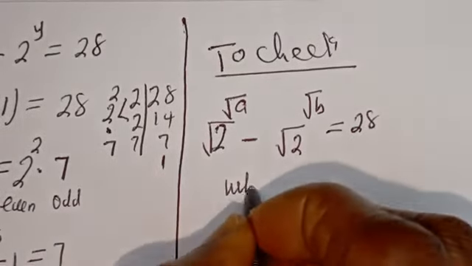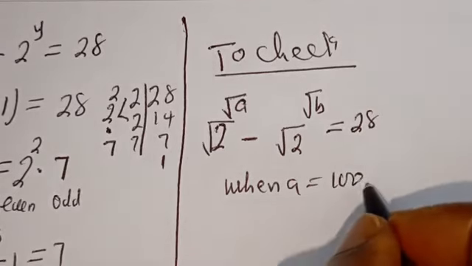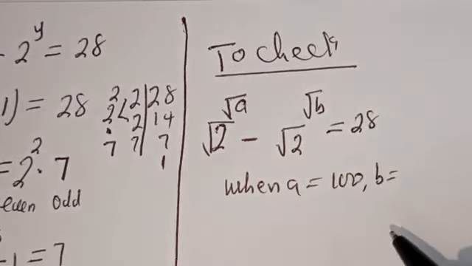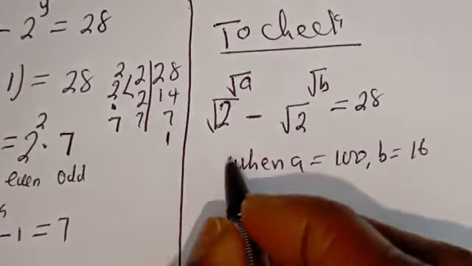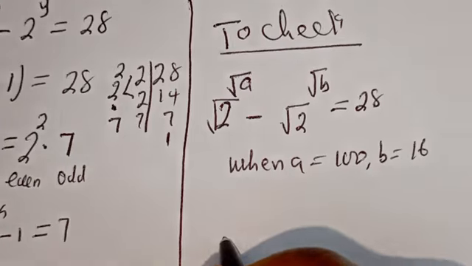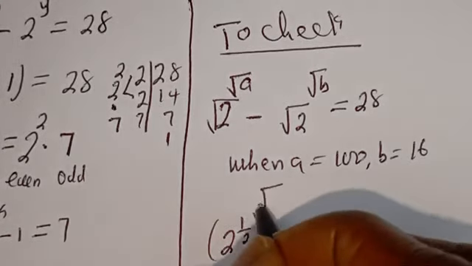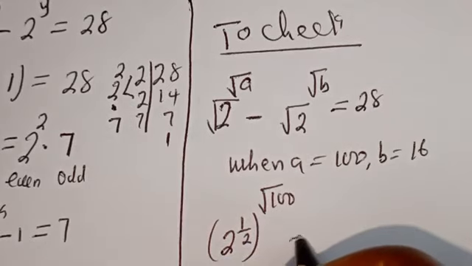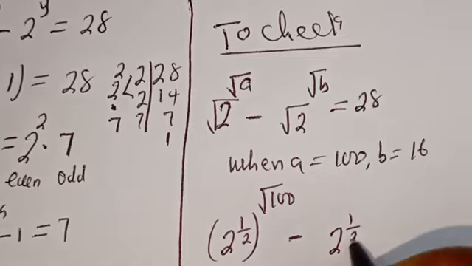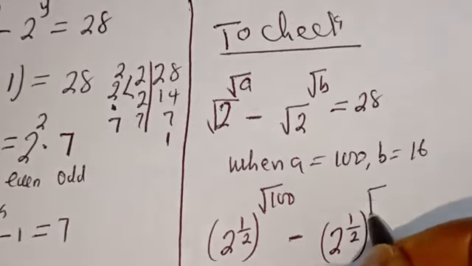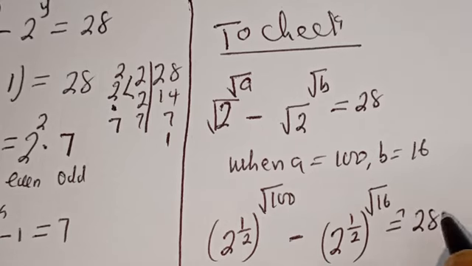When a equal to 100 and b equal to 16, then we have square root of 2 can be written as 2 to the power of 1 divided by 2 to the power of square root of 100 minus this square root of 2 can be written as 2 to the power of 1 over 2 to the power of square root of 16 must be equal to 28.